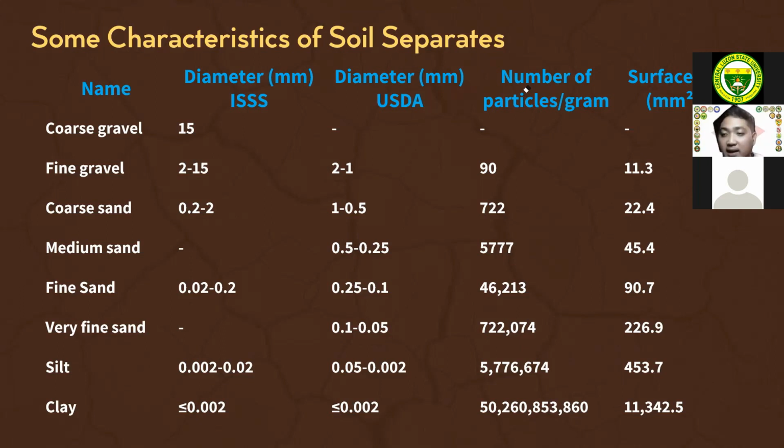So you will be discussing that when you review on soil colloid. So yung clay natin is yun. So yun yung maliliit na particles. So it is very important in nutrient absorption ng lupa natin. So these are the some characteristic of soil separates.